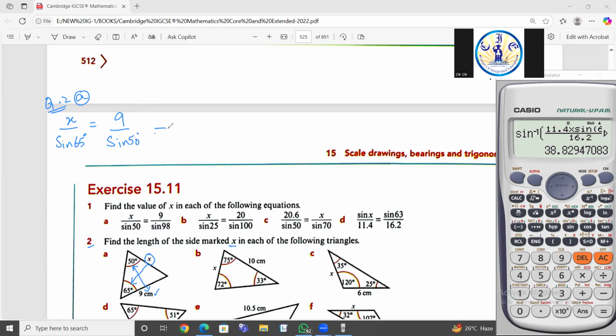So now in this case I'm going to have 9 times sine 65 divided by sine 50. This is going to give me the answer. So 9 times sine 65 whole divided by sine 50.